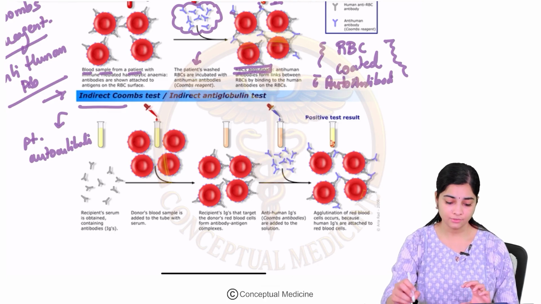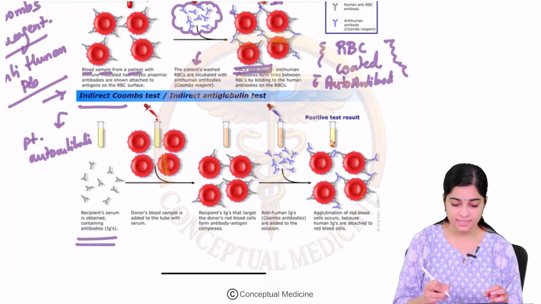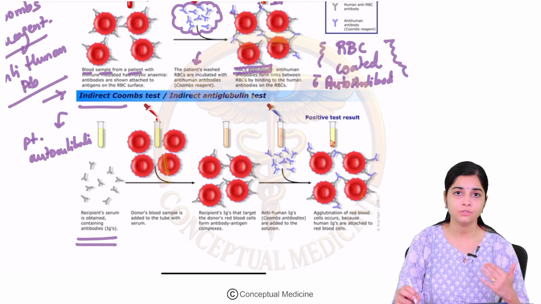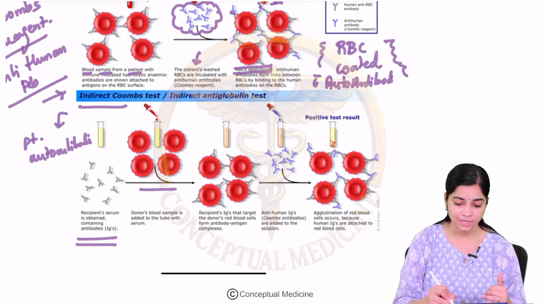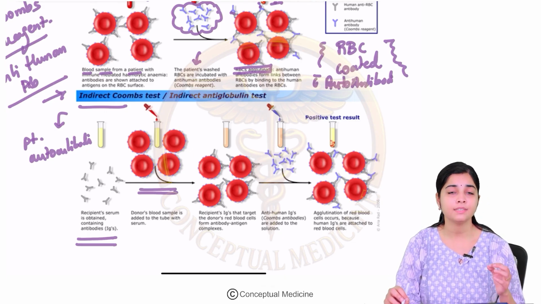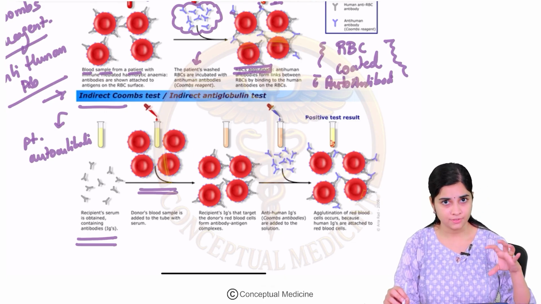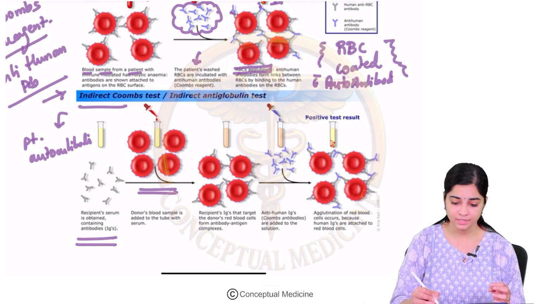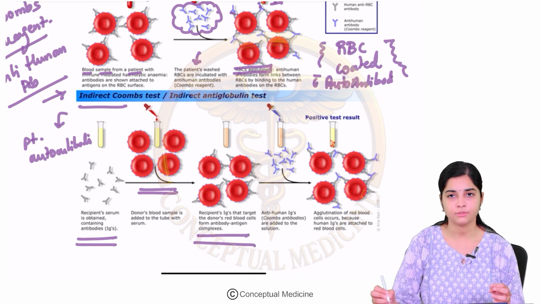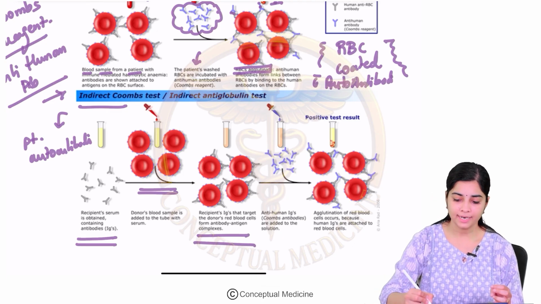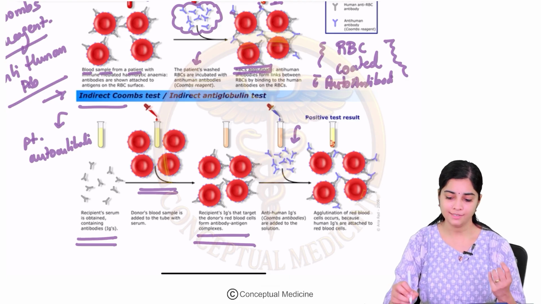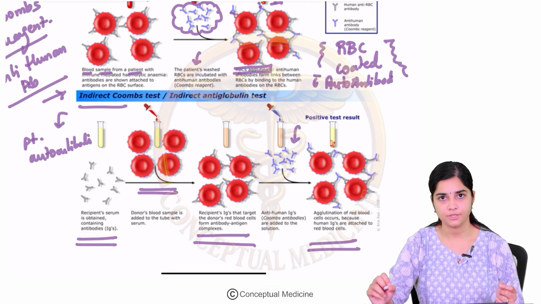So in the indirect Coombs test you take the serum which has the antibodies and then you add RBCs to it. Since these are antibodies which act against the erythrocyte membrane, they are going to coat the erythrocyte membrane. Then if you add the Coombs reagent, which is basically the anti-human antibodies, it is going to cause agglutination. Okay.